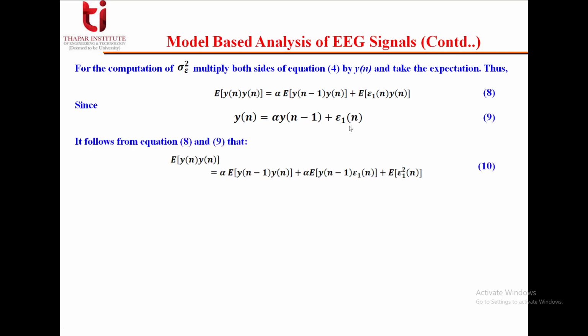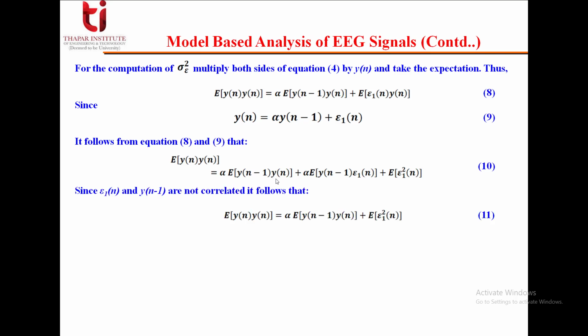If we keep this equation in equation number 8, we can get that E of yn times yn is nothing but alpha times expectation E of y of n minus 1 times yn, plus alpha times E of y of n minus 1 epsilon 1n plus expectation of epsilon 1 square n.